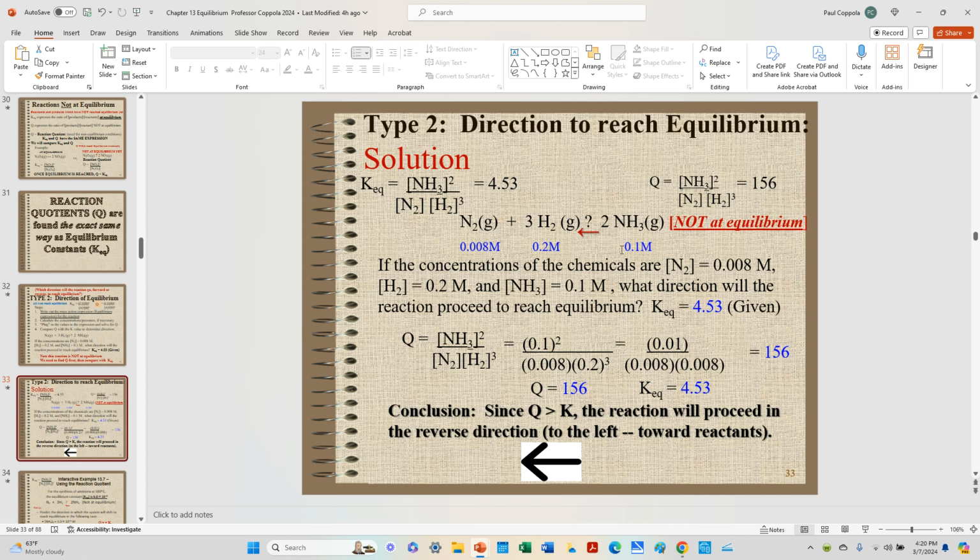For the data given, again, it's not at equilibrium, so you find the Q. Since the Q is so big and it needs to reach equilibrium, it's going to end up much smaller. Well, how do you do that? You've got too many products, so it's going to have to shift left in the equation. Okay, so you need to be able to do that type of problem. Which way will it shift to reach equilibrium?